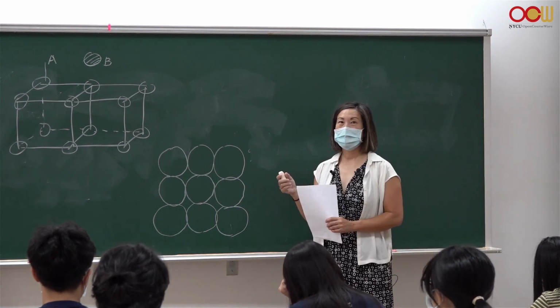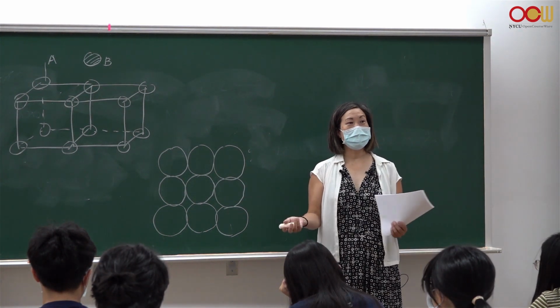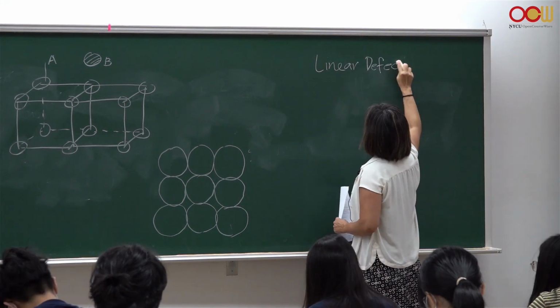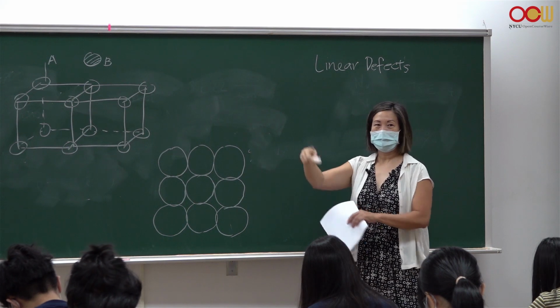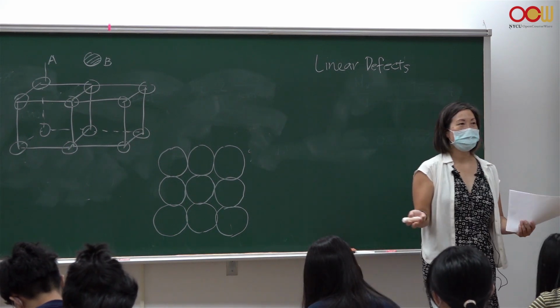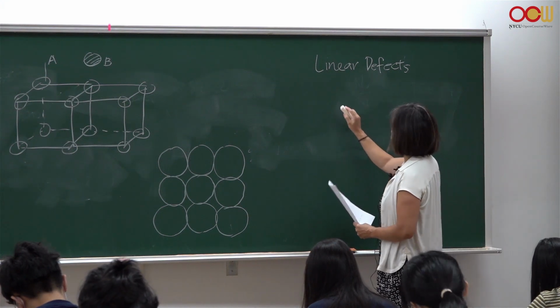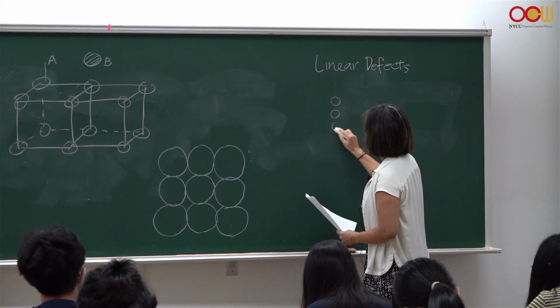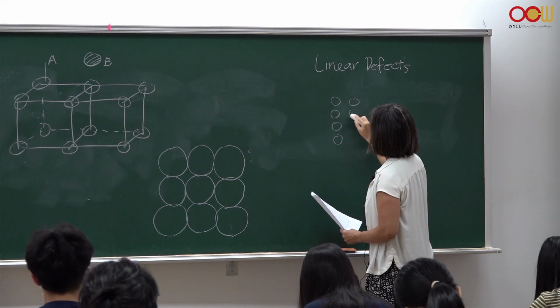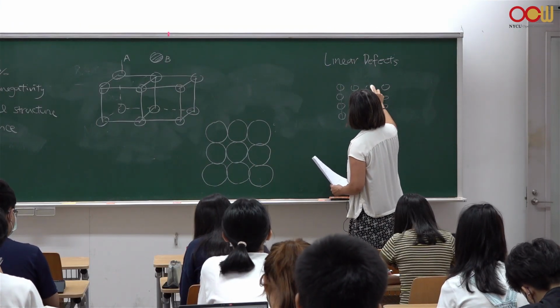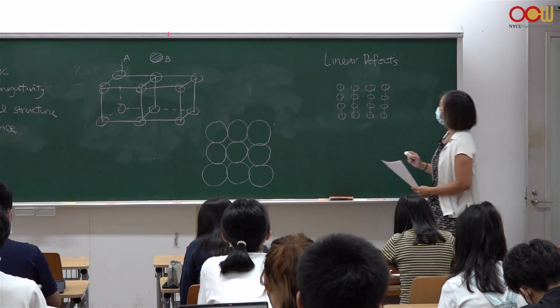Now I want to talk about the other kind of defects that can occur. The next kind is linear defects. That's a line of atoms that are out of position. Let's imagine we have a crystal structure that looks something like this.